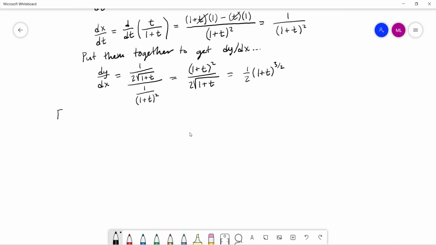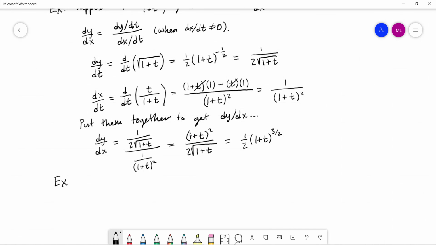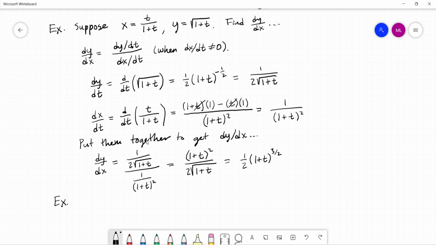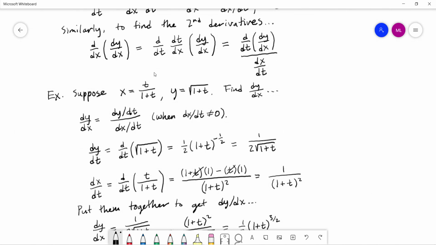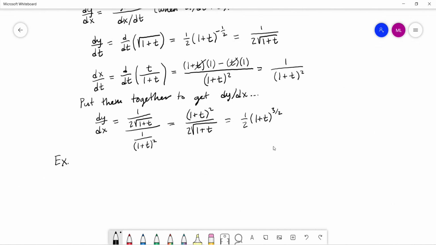Let's do another example. And obviously, just to be clear, we could take the second derivative by simply taking this result, which is our dy dx, taking the derivative of that with respect to t, and then dividing the result by the dx dt that we already found, which is right here. So I guess I can just do that real quickly.